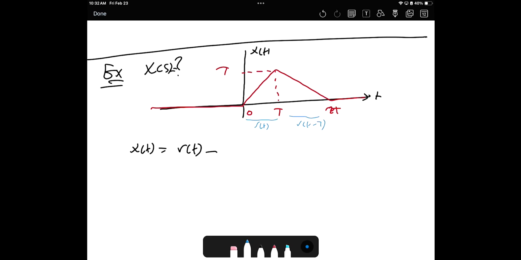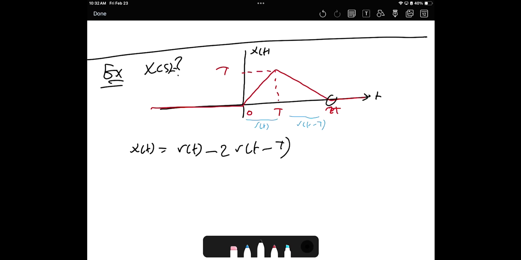Therefore, it will be negative 1 and another negative 1, so it will be minus 2 r of t minus T. Why negative 2, not negative 1? Because the slope was 1. If you put negative 1 alone, the slope will be 0. But our target is to make the slope negative 1, so starting from 1, we subtract 2. So the overall subtraction is 2.